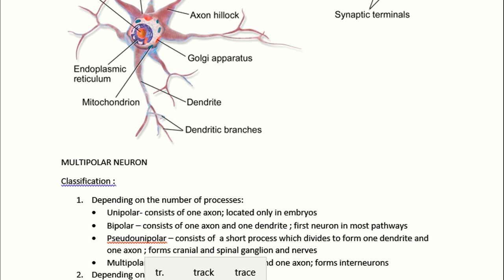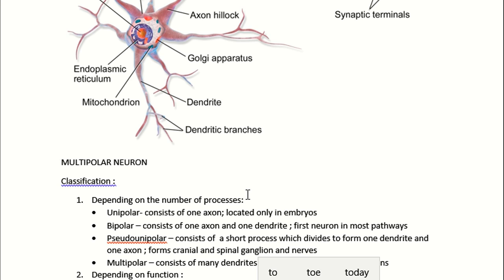Now this motor neuron transmits impulse from the CNS to effector organ.